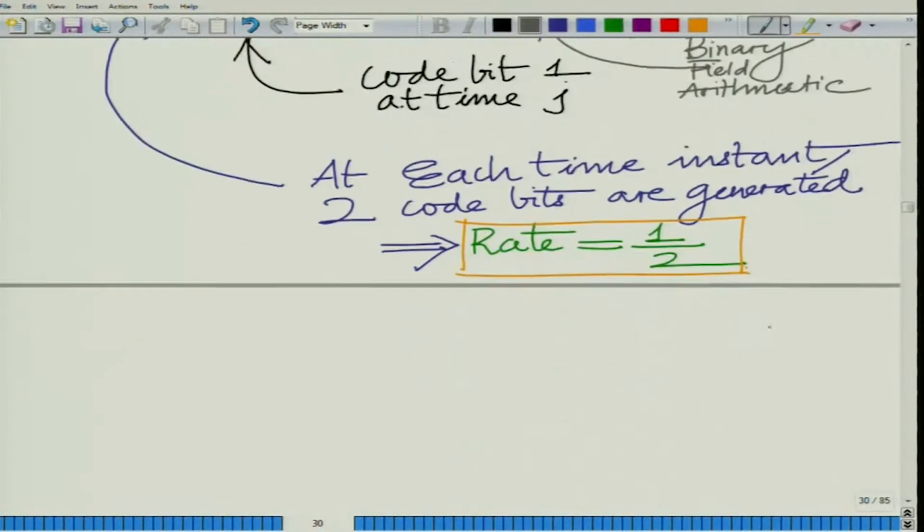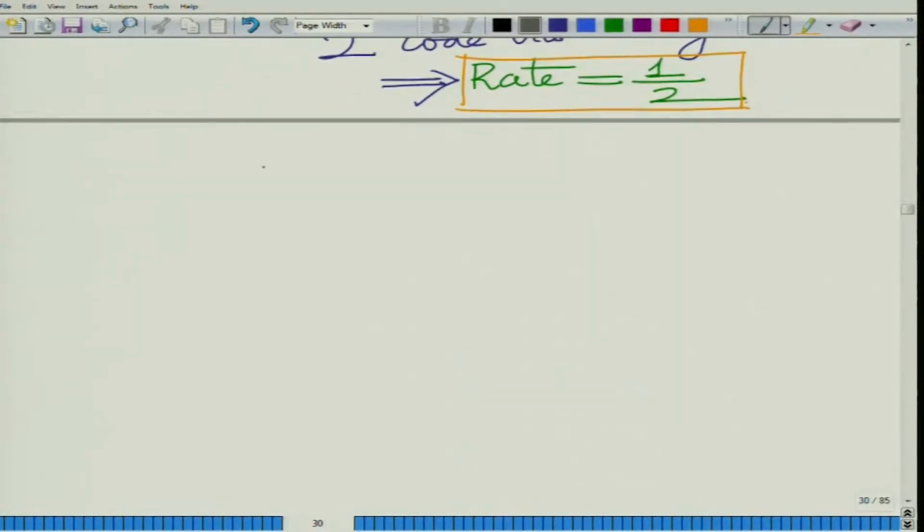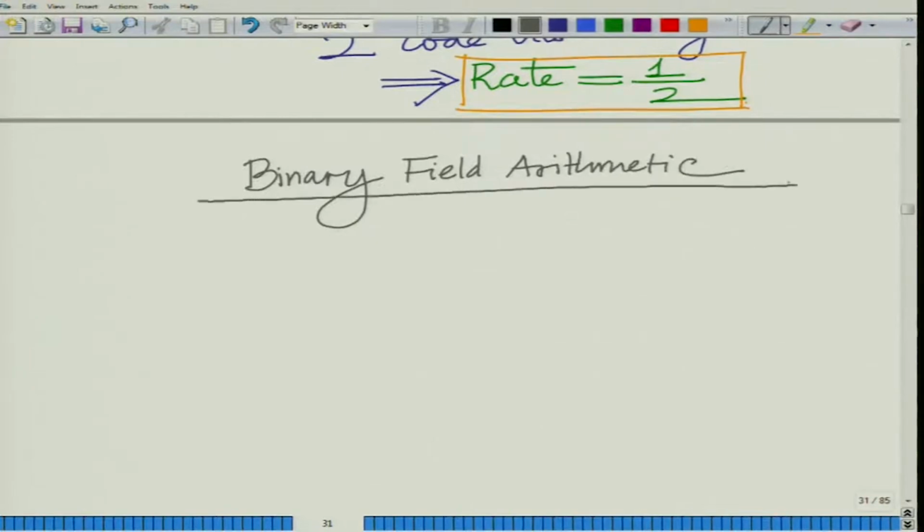Binary field arithmetic means that, in addition, 0 plus 0 equals 0, 0 plus 1 equals 1, 1 plus 0 equals 1, 1 plus 1 equals 0, and this is a bitwise operation.